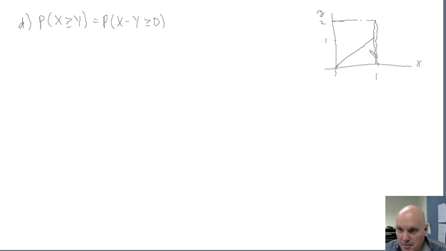Now I have to figure out on which side of this line the inequality is true, where x is greater than y. And you could just pick out some points here. Obviously here x is 1 and y is 1/2, so that is one point where x is greater than y.